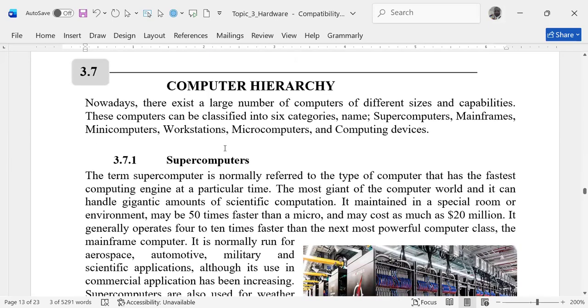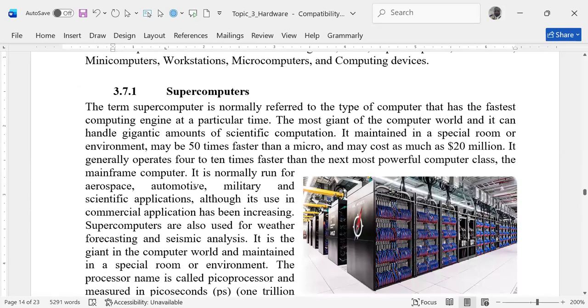The next is hierarchy of a computer system. In computing, the most powerful one is called the supercomputer. The supercomputer is a giant in the computer world, maintained in a special room or environment.